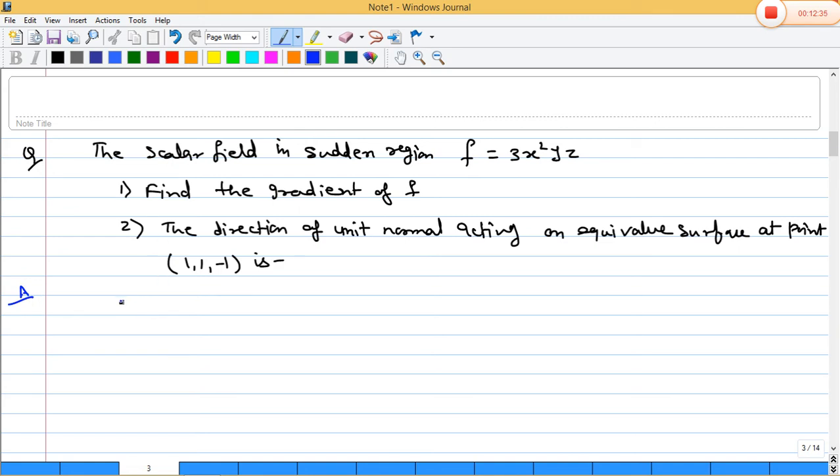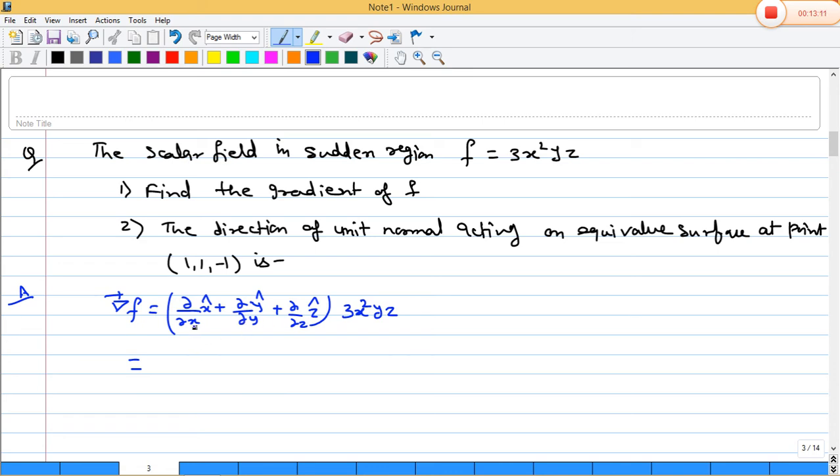So we know the gradient of f will be del by del x x cap plus del by del y y cap plus del by del z z cap. This will multiply with the scalar f, that one is 3x²yz. Now just differentiate it with respect to x, y, z respectively.